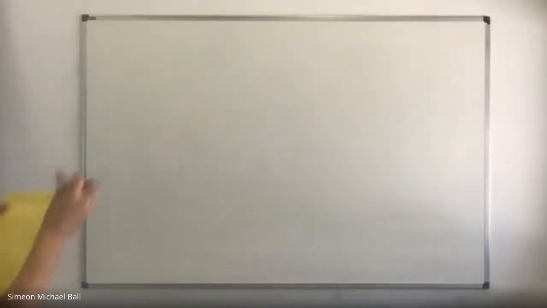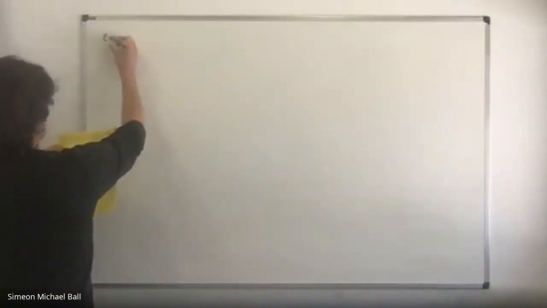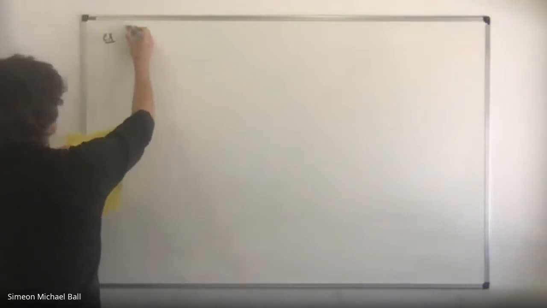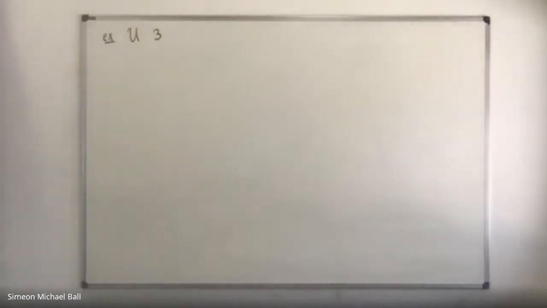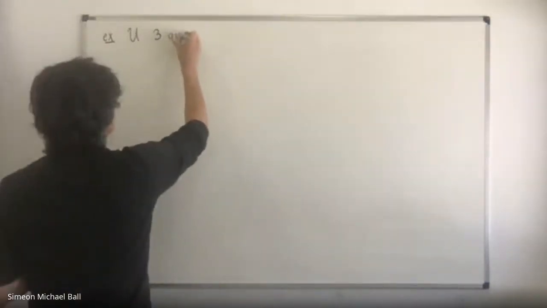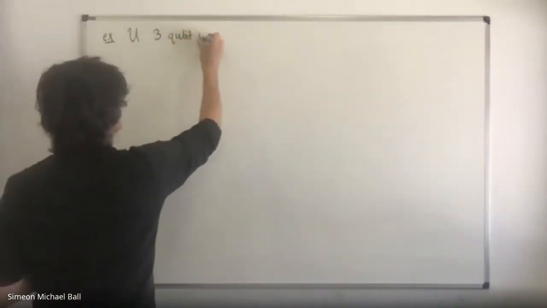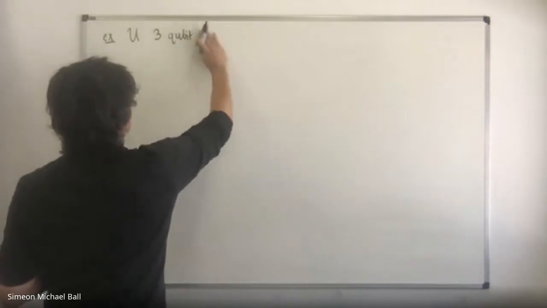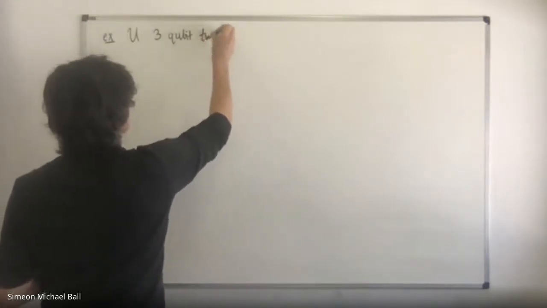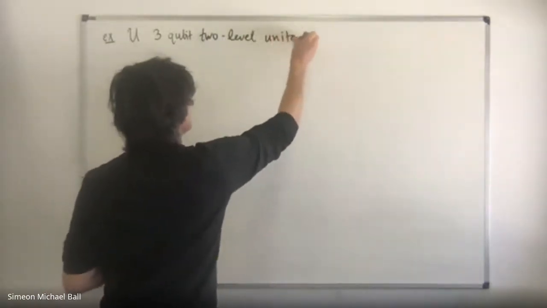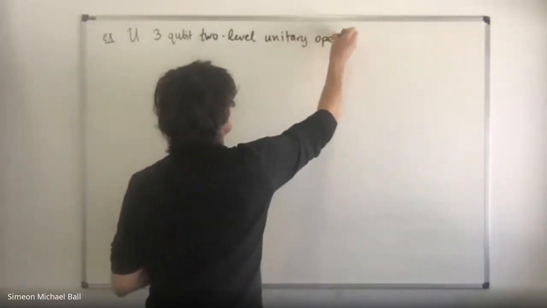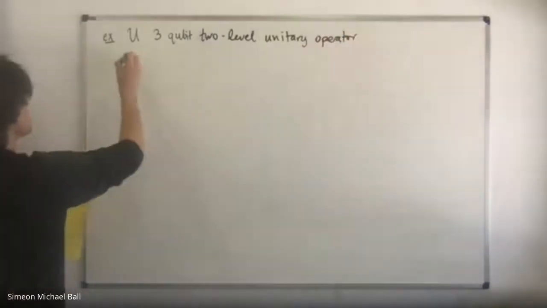So let's take, for example, let U be a 3-qubit 2-level unitary. And let's make life difficult for ourselves.